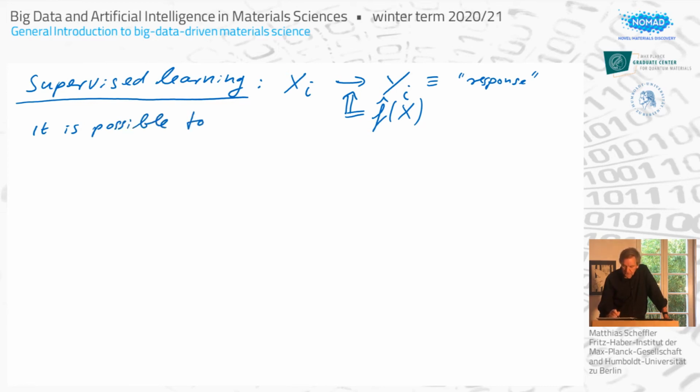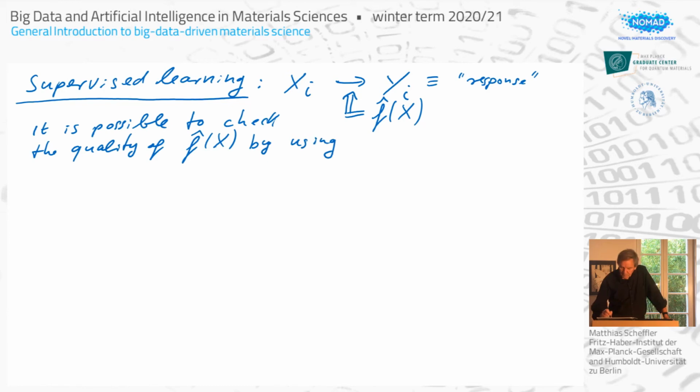It's possible to check the quality of this function f hat of x, which we wanted to determine, by using xi, yi data that were not used in the training.